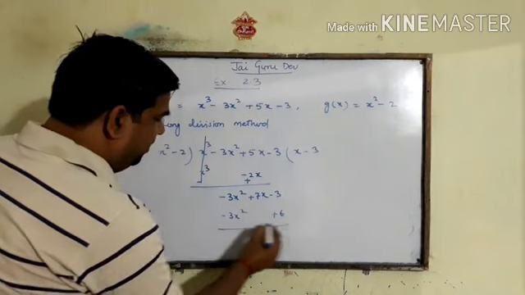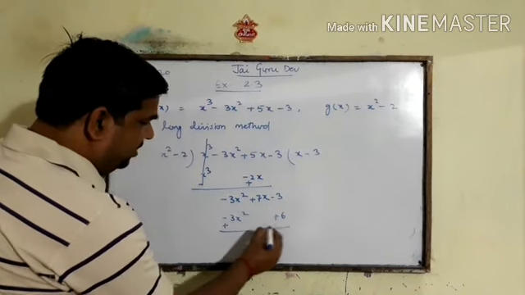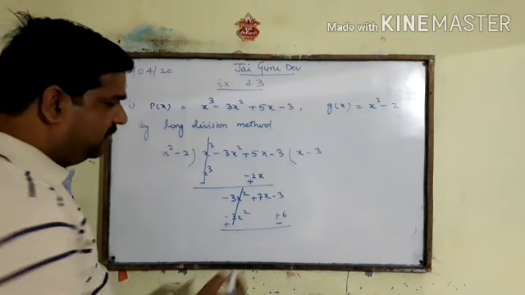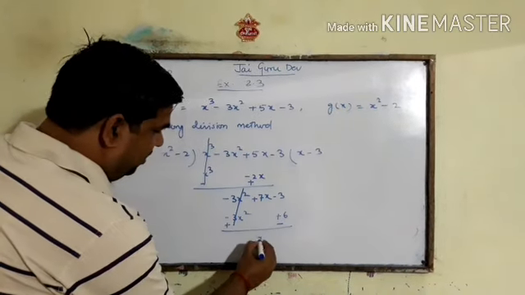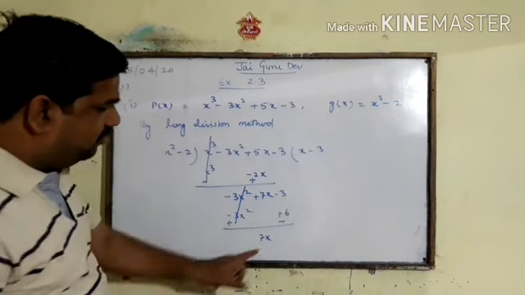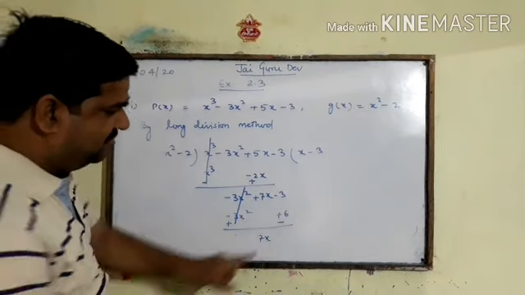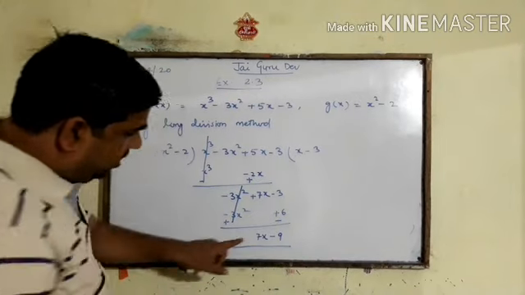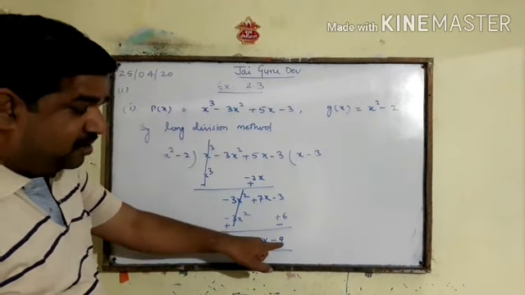Again we subtract, changing their signs. So −3x² and 3x² cancel, 7x remains, and after that −3 minus 6 is −9. So the remaining value is 7x − 9.